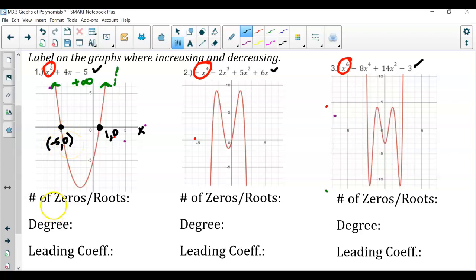Notice there are just 2 zeros or 2 roots, at x equals -5 and x equals 1. And just like we said, the degree here is even, so both ends go up towards positive infinity.